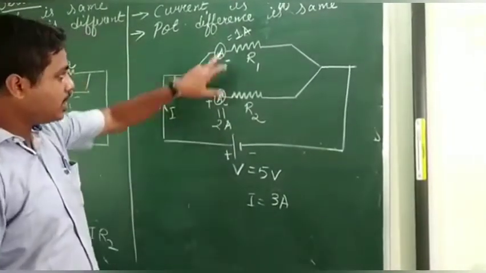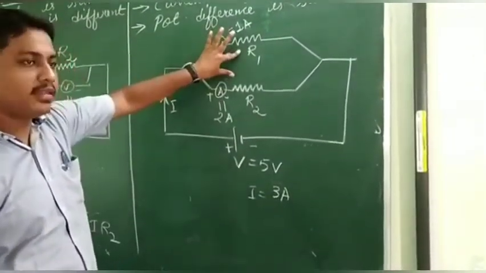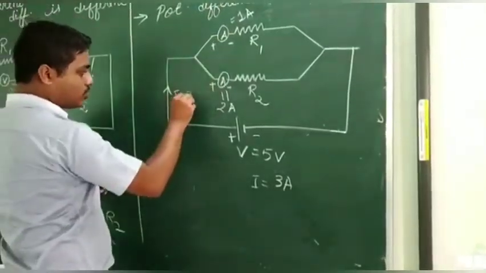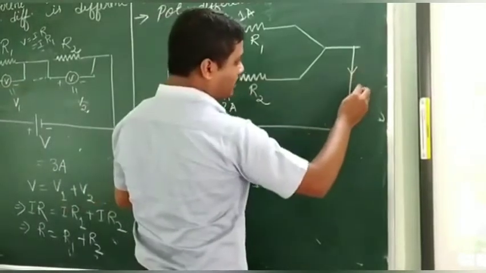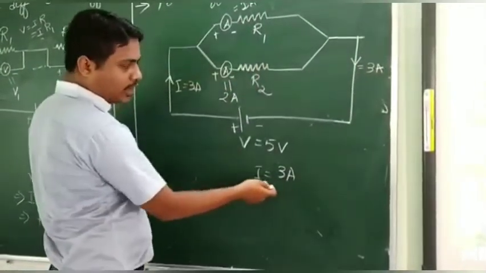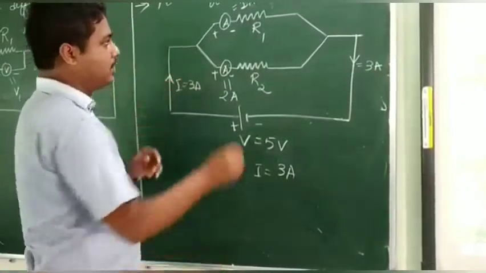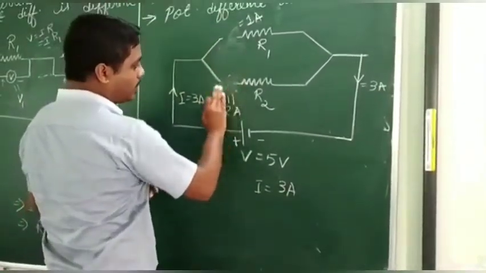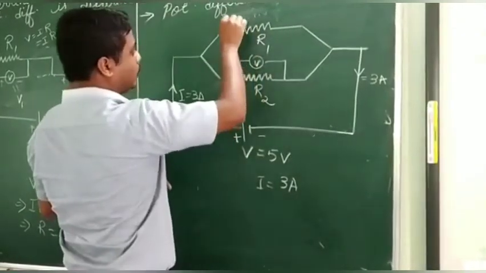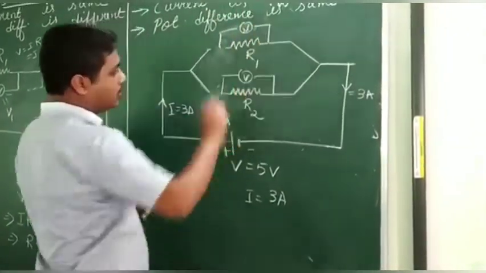That means you can see the current across both the resistors is different. But if I combine this 1 plus 2, it is equal to 3 ampere. That is the total current flowing in the circuit. But if I connect a voltmeter here in parallel, what will you get?